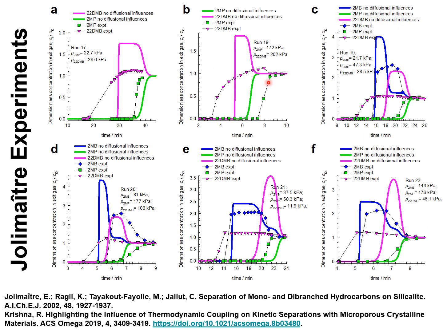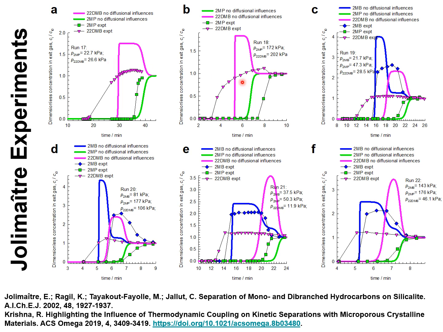In these 6 figures, A, B, C, D, E, F, I plot the experimental data of Joly-Maitre as published in the AICHE journal in 2002. The experimental data are shown by the symbols.